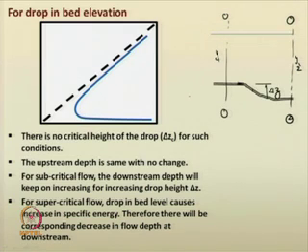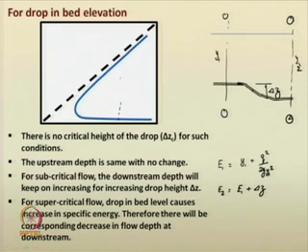You know that E1 is equal to y1 plus q squared by 2g y1 squared, and in this case E2 is equal to E1 plus del z. Based on the conservation of energy principle, you will get E2 is equal to E1 plus del z. Then you will see that E2 is greater than E1.